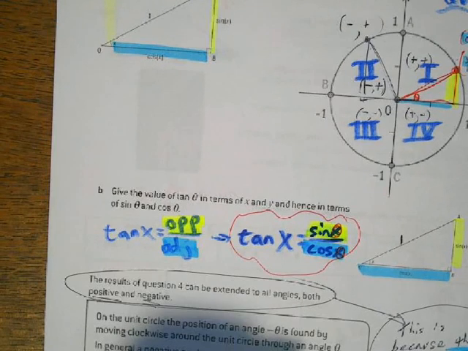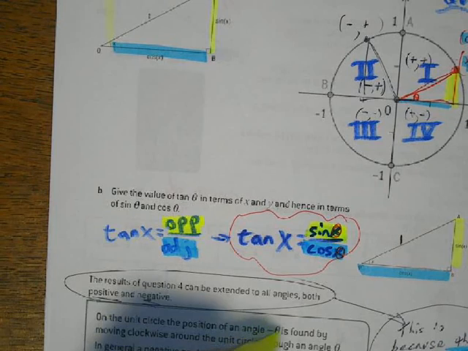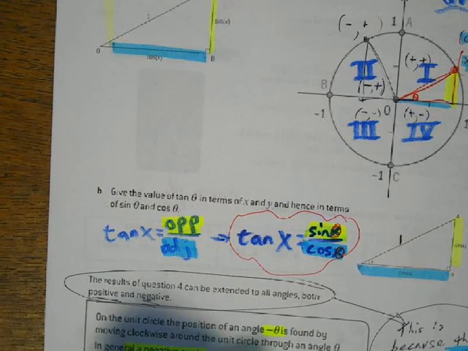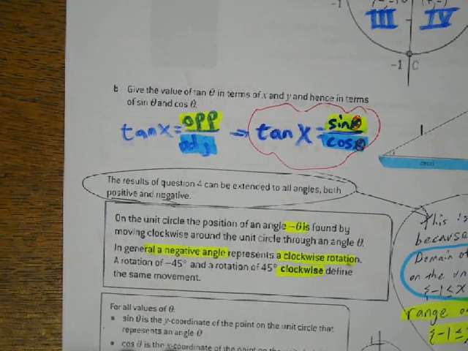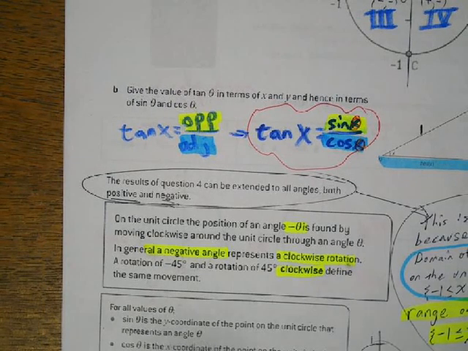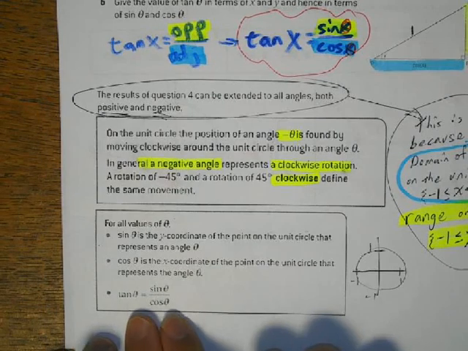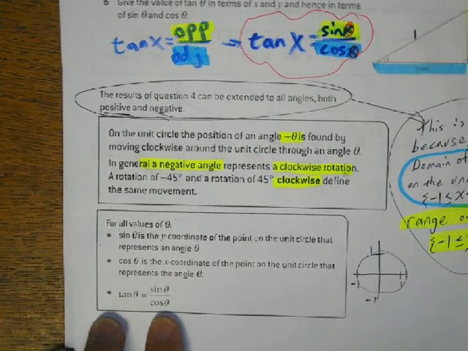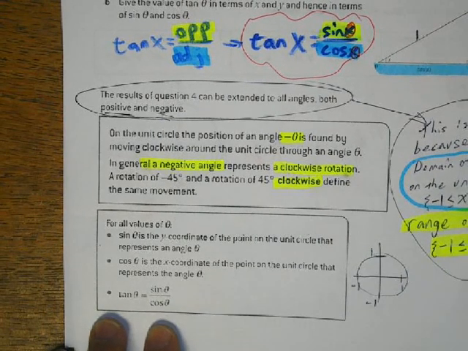So a negative angle represents a clockwise rotation. Okay. And I just proved tangent theta is the sine of the angle divided by the cosine of the angle. Okay.